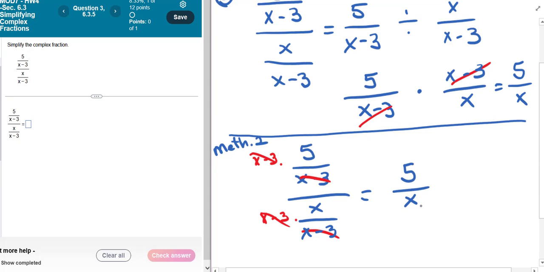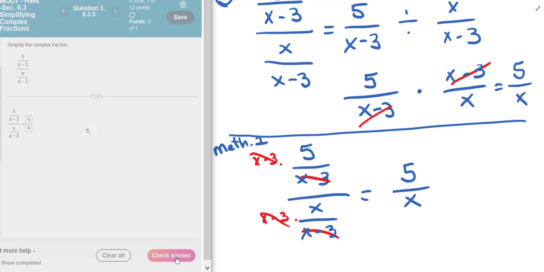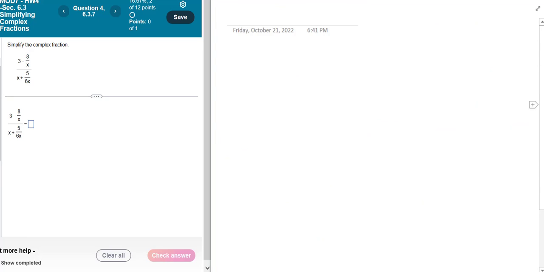So for these two problems, either technique could be used. And we'll just check to make sure we're good. All right. Once you have addition or subtraction within either the numerator or the denominator, you should always go with method 2.